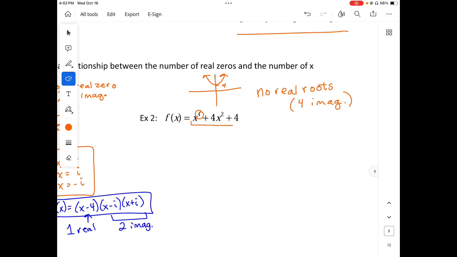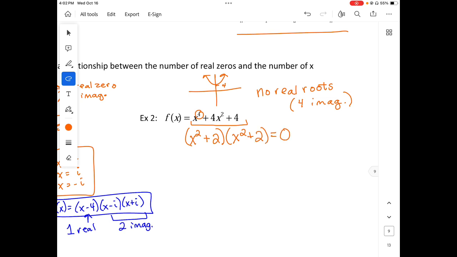So I need to see if we can break this down. This is x to the fourth plus 4x squared plus 4. What we can actually do is factor this like it was x squared. So we're going to factor it like x squared plus 2, and then x squared plus 2.